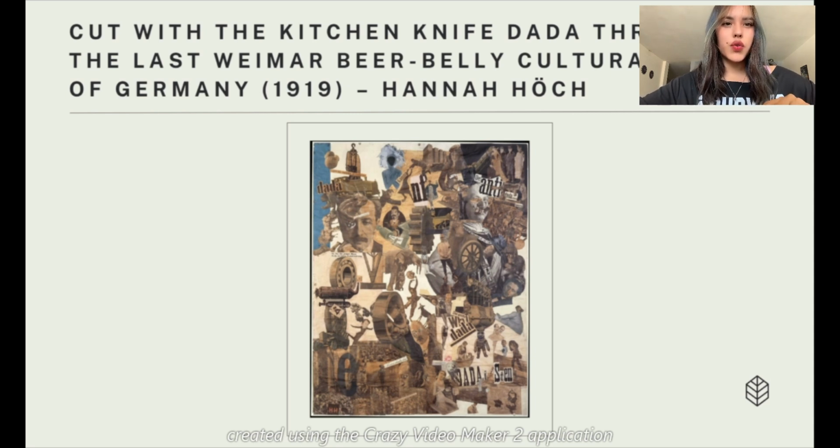This is a collage using photos, text, maps, politicians, dancers, machines, a lot of stuff. And even though it has no focal point of significance, in the title the kitchen knife makes reference to women's traditional roles.